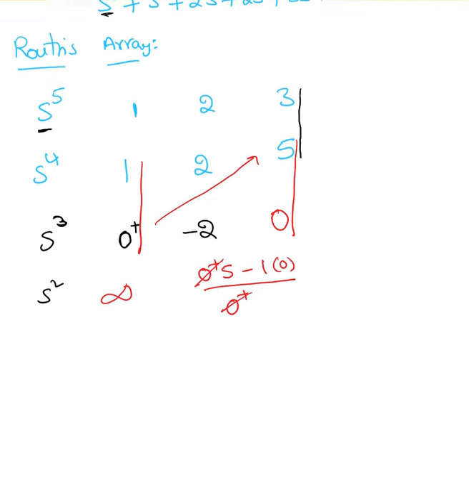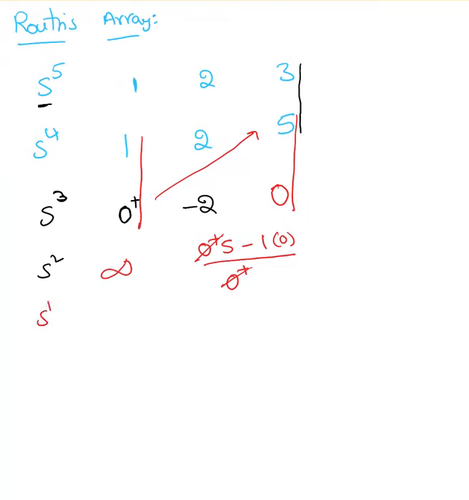Now s to the power of 1. When it comes to s to the power of 1, we're going to take all these terms. Let me put this as 5 here, positive 5.